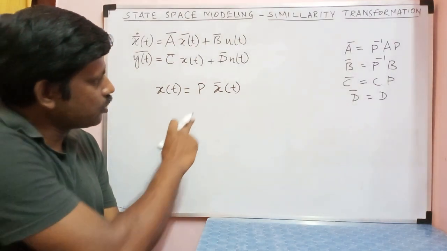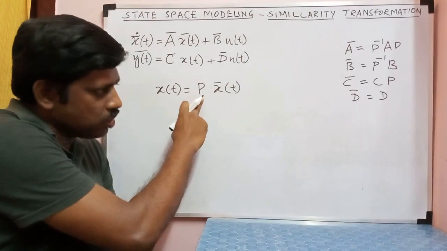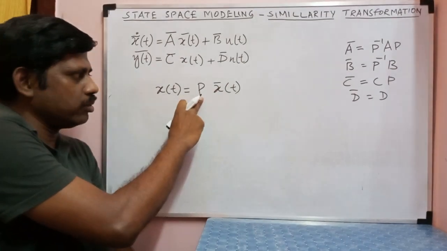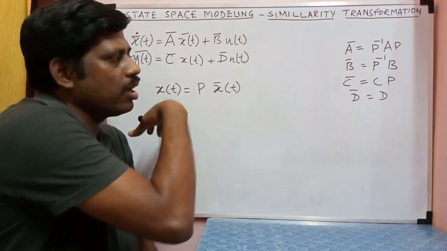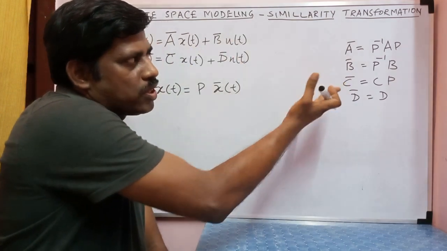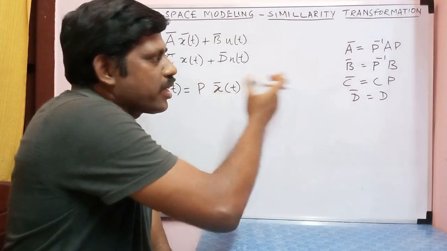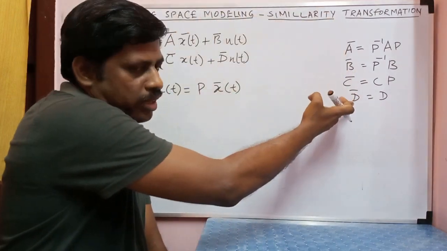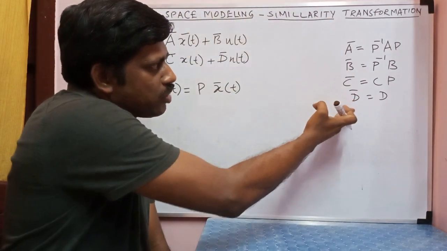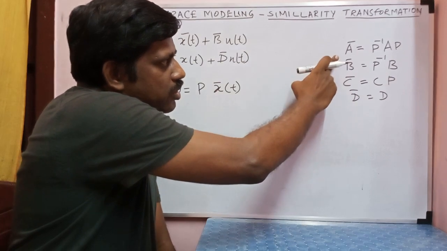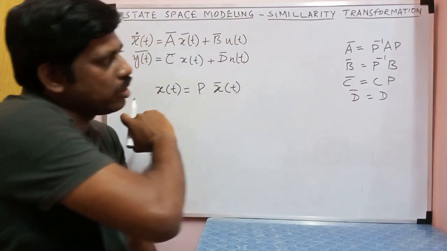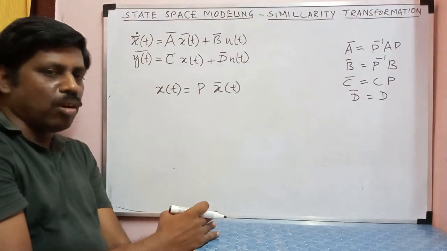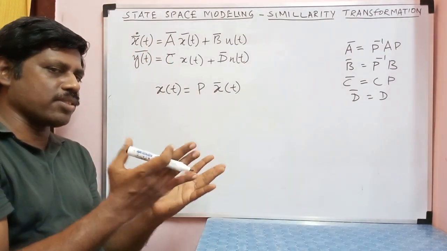The beautiful thing is, for some specific values of P, for a specific P matrix, if I use that matrix and transform this equation into a new transformed equation, then the structures of A bar, B bar and C bar are interesting, or they result in a fixed structure.